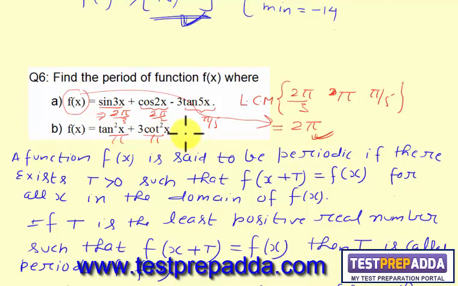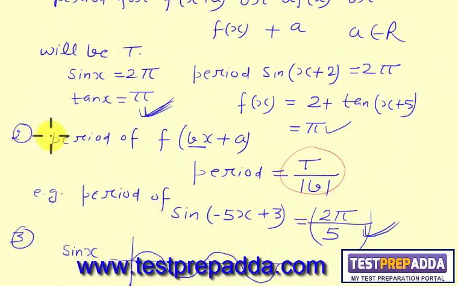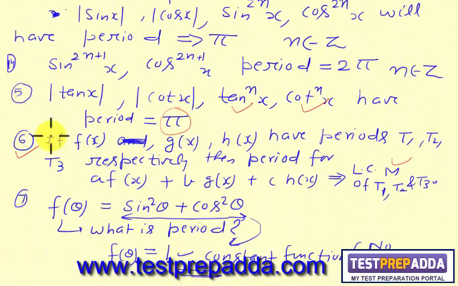So we'll take the LCM for pi, it will be pi. So the period for this f(x) in 6th B question will also be pi, like tan square x and cot square x. Okay. So this is the way we find periods of different trigonometric functions.